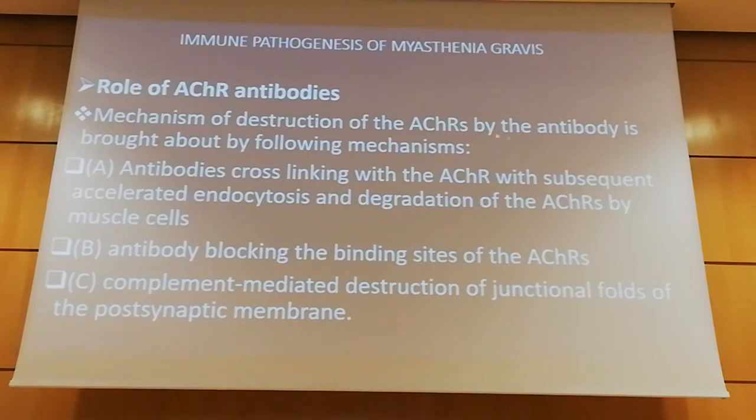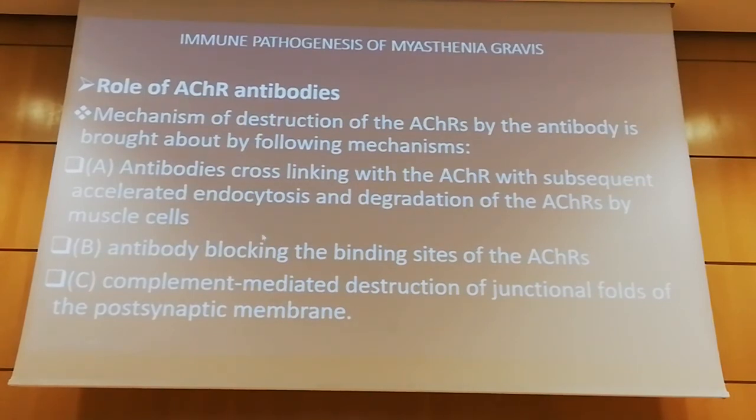The autoantibodies cross-link with the ACHR, which can result in accelerated endocytosis and degradation by the muscle cells. Or they may prevent the combination of acetylcholine with the ACHR, simply blocking it. Or they may result in complement-mediated destruction of the ACHR.